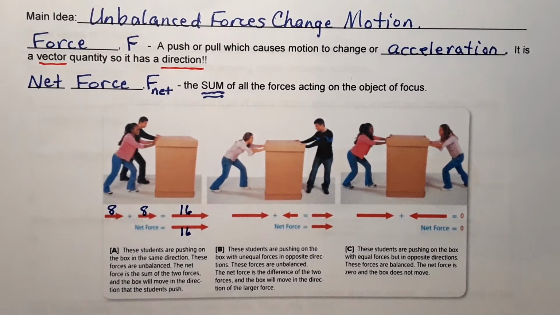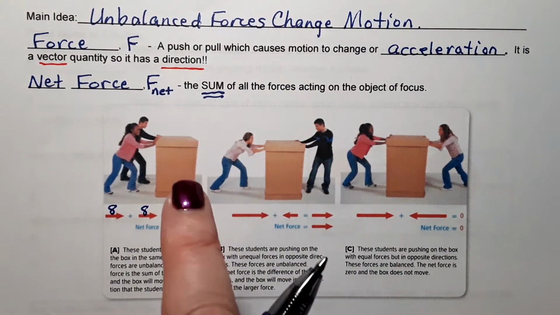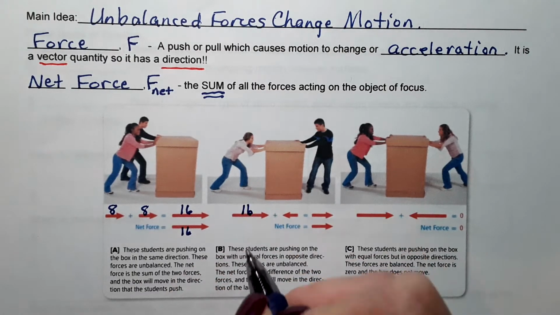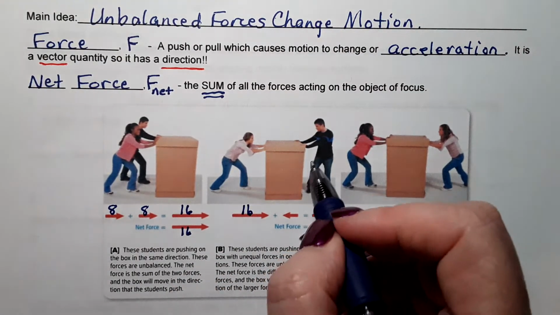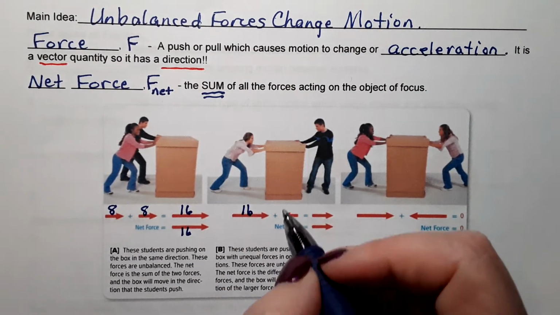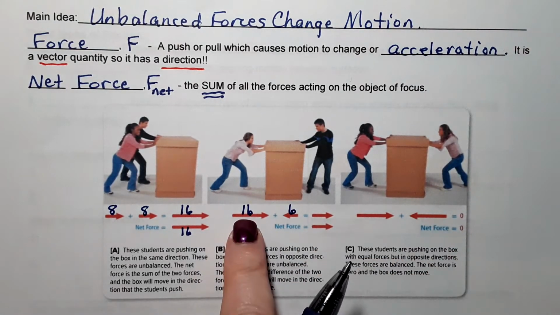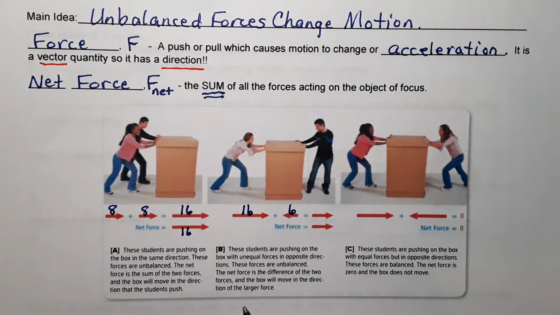Now, suppose you have, and this almost looks like they're fighting, doesn't it? Okay, so let's suppose the girl is pushing with a force of 16 to the right, but the man is pushing with a force of 6 to the left. Now, if we take to the right to be positive, just like on a number line, then to the left can't also be positive, can it?